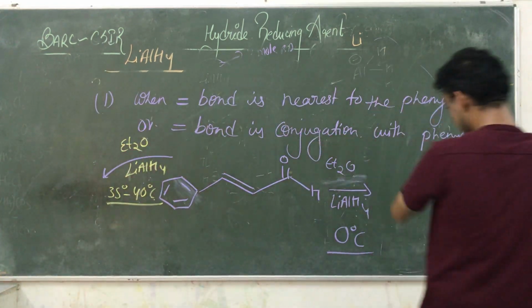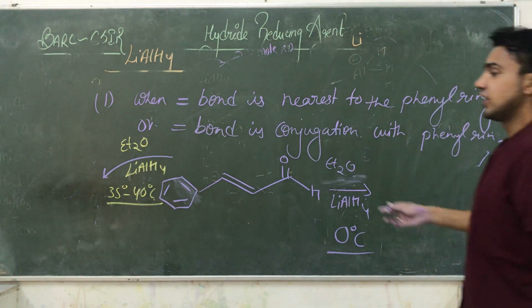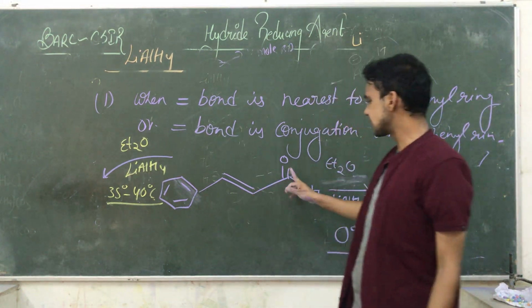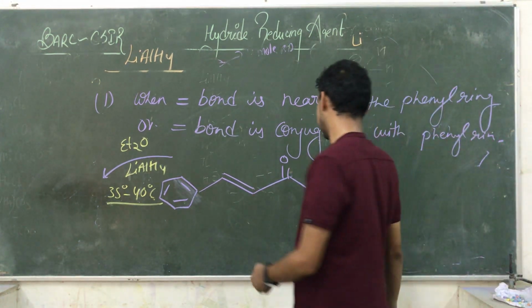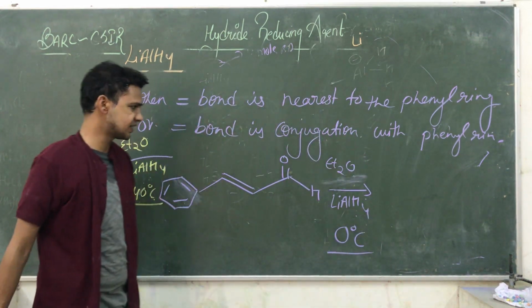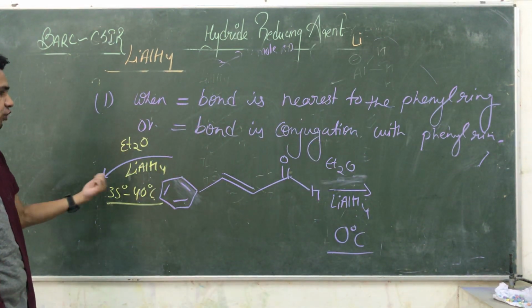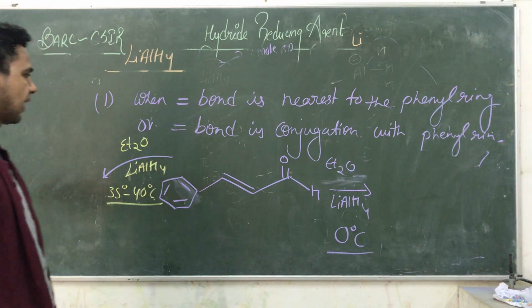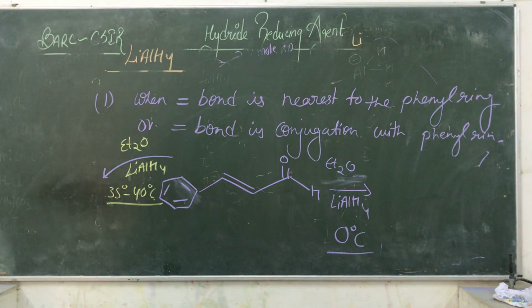So what we are saying, if any compound has a double bond in conjugation as well as an aldehyde group, what happens? If the temperature is 0 degrees Celsius, the lithium aluminum hydride group is affecting the whole compound. Okay, so here the double bond is affected, and if the temperature is 35 degrees Celsius, they are affecting the whole functional group.